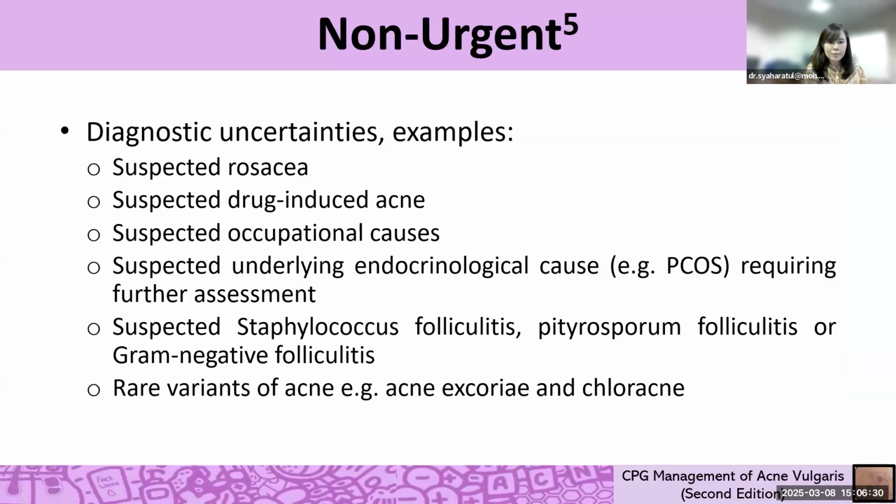Or if you suspect occupational causes of acne, or you think the patient needs underlying endocrinological assessment, or if you suspect Staphylococcus folliculitis, Pityrosporum folliculitis, or gram-negative folliculitis, or rare variants of acne, such as acne excoriae, which also frequently leads to scarring, and also chloracne.